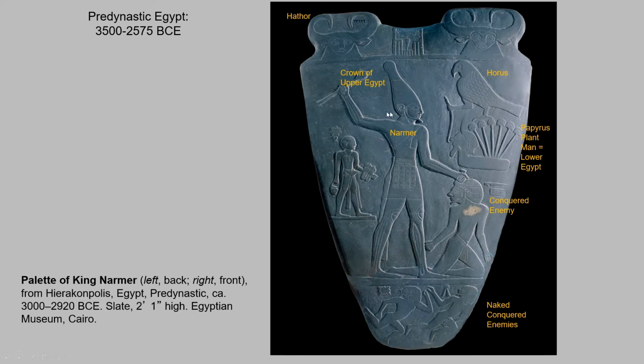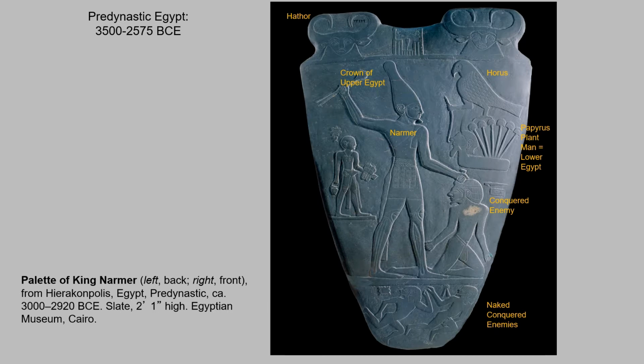We can see Narmer is wearing the crown of Upper Egypt, this sort of bowling pin. And then above him we have an image of the goddess Hathor, who is also associated with pharaohs. Mythologically, her milk provides sustenance for the pharaohs.